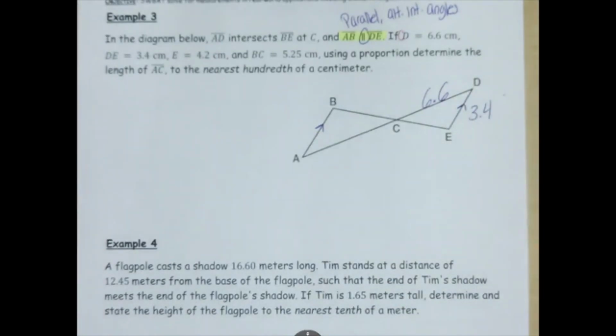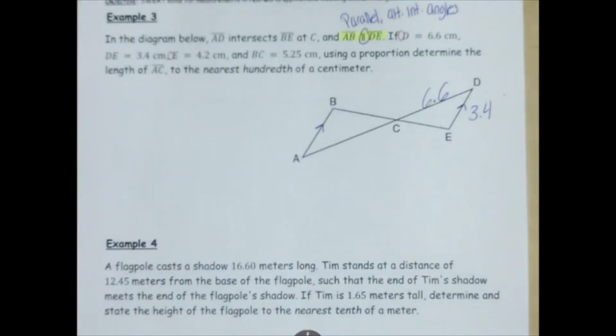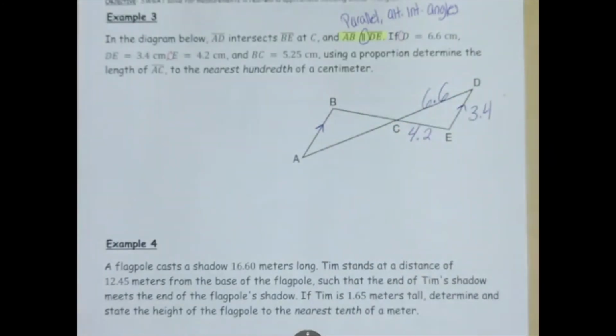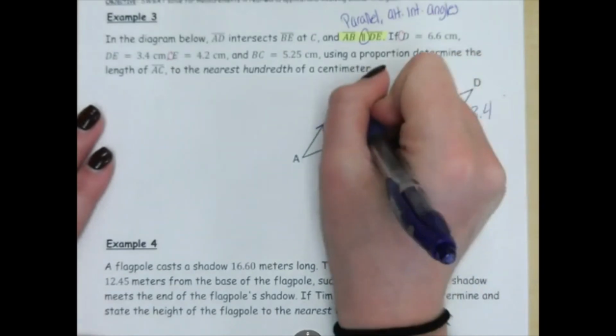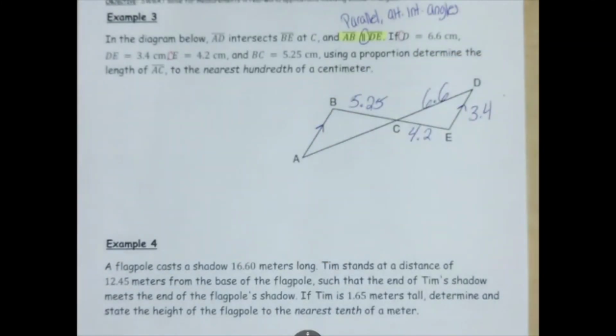And if CE, it should have been CE, is 4.2, and BC is 5.25, right? Using a proportion, we want to determine the length of AC to the nearest hundredth of a centimeter.